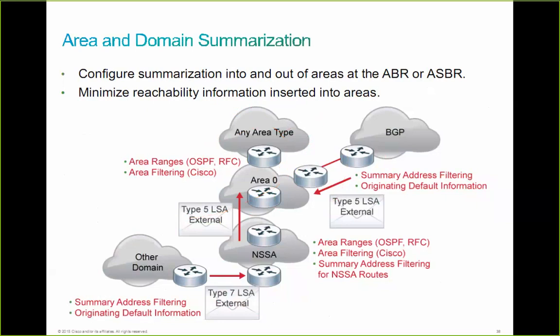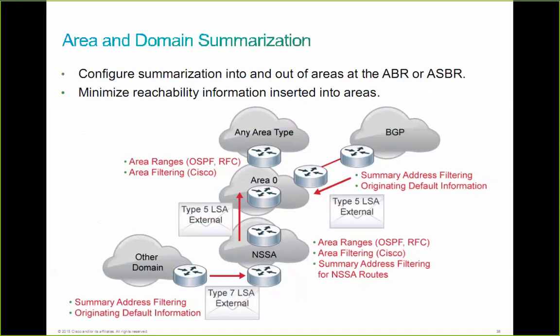So Cisco has added an additional feature called area filtering, which allows us to filter what types of routes get sent into an OSPF area. And then we can use the RFC standards for OSPF, the IETF standards for area range and summary address. What's the goal?